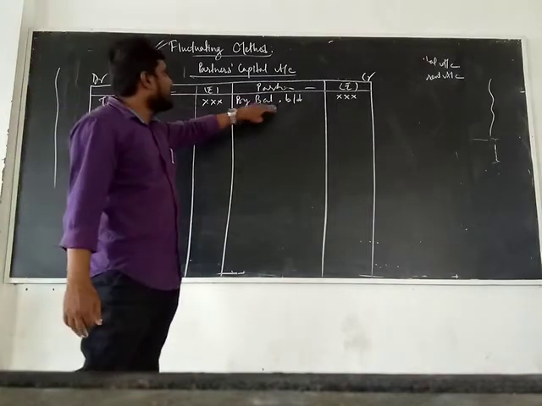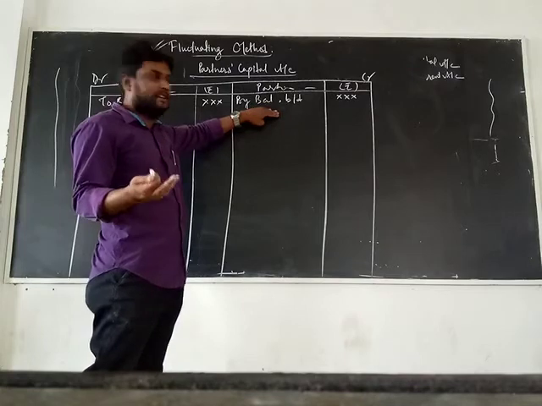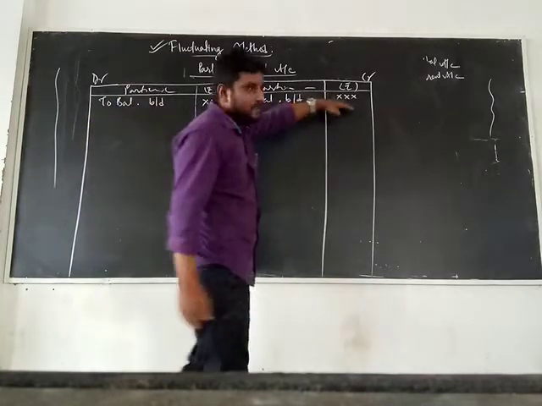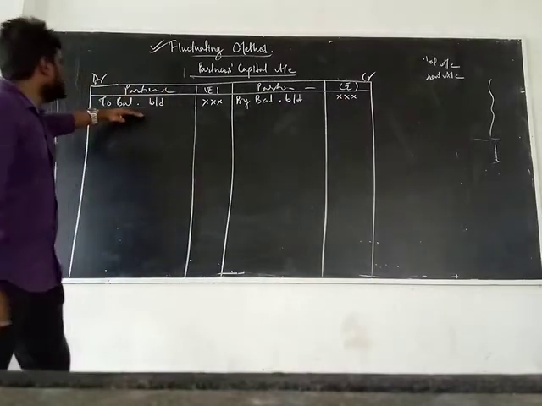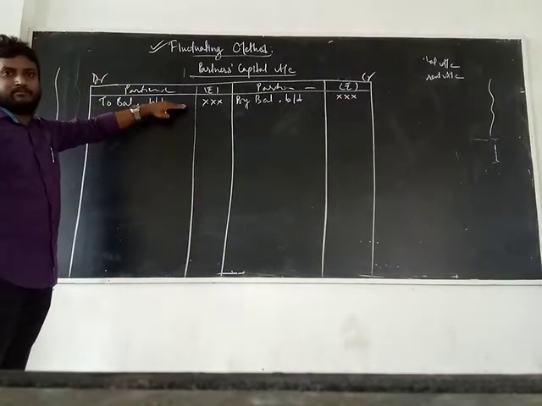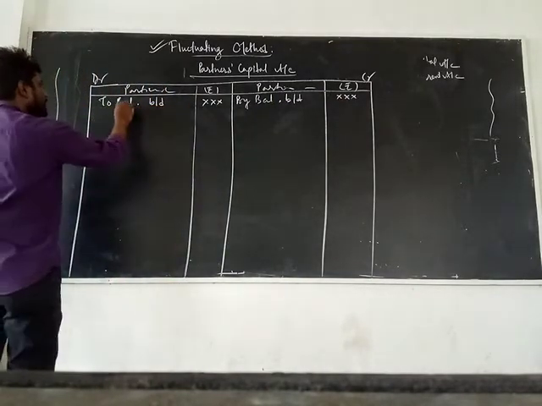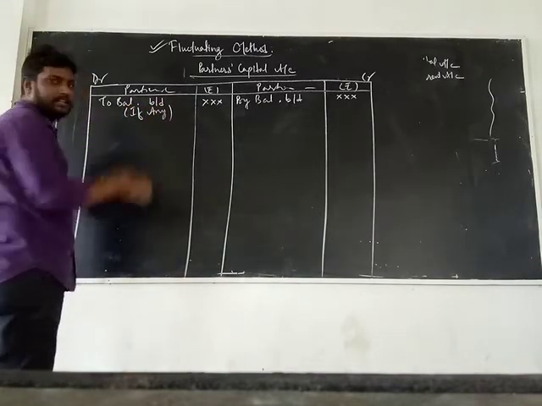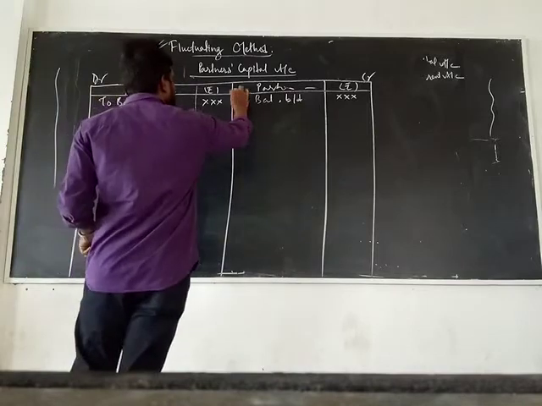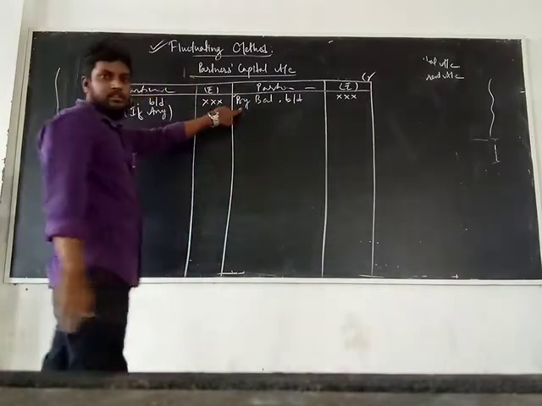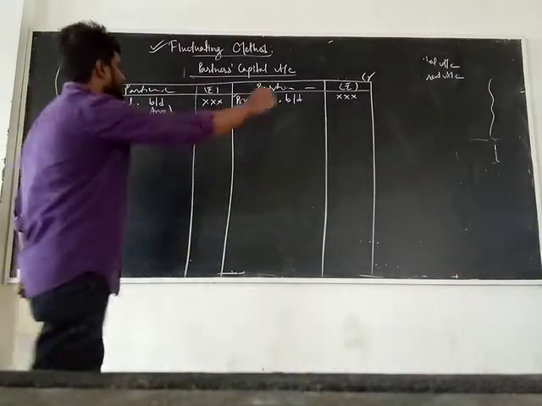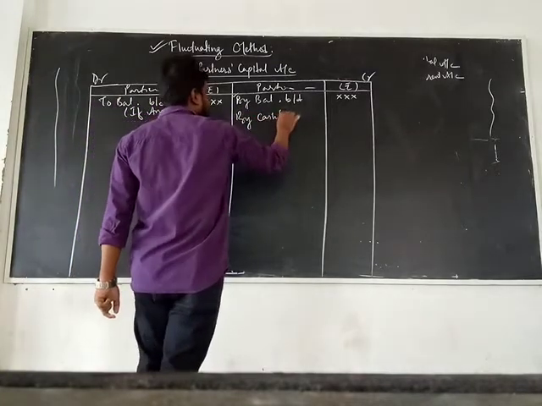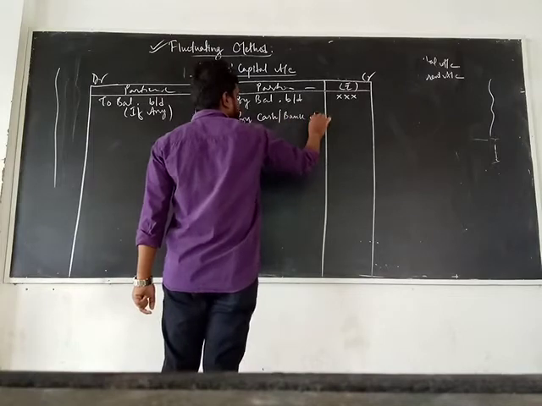If there is a credit, meaning profit balances for the last year, then it will be on the credit side. If any losses were there, you have to write here. You need not write both at a time. Normally, most of the time you can see this balance used to come. Got it?